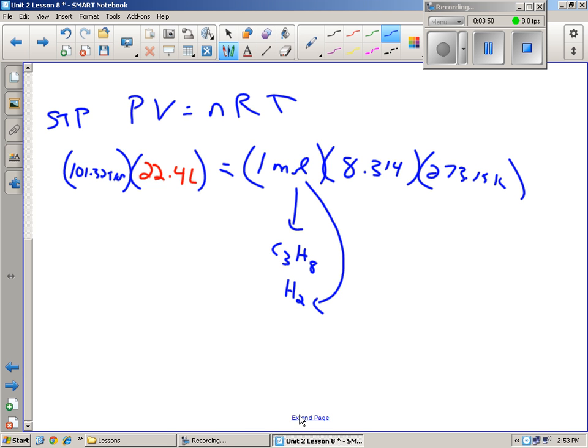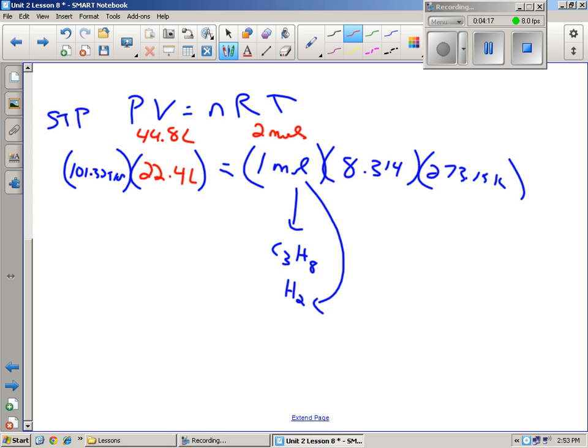Look, if you have 2 moles of gas and you want to keep the same pressure and the same temperature, well, guess what? You need twice the volume to do that. So you would need 44.8 liters, in other words, to occupy those 2 moles of gas, if you want to keep the conditions the same, pressure and temperature.